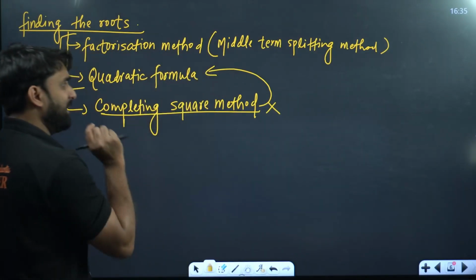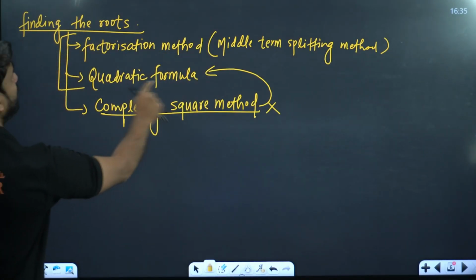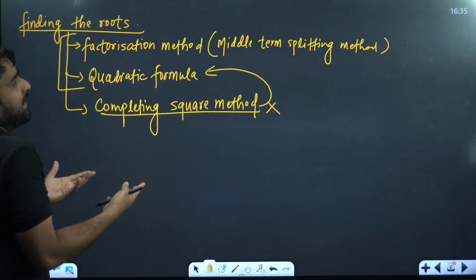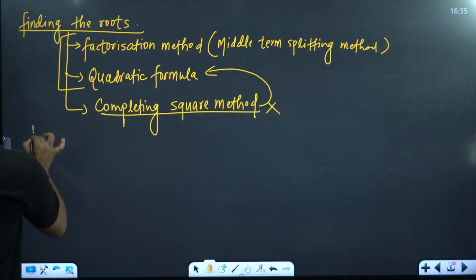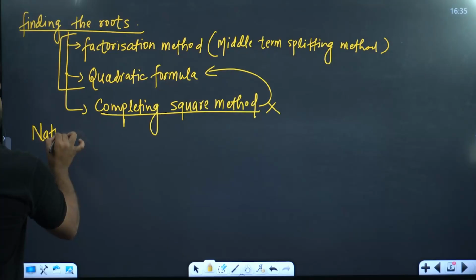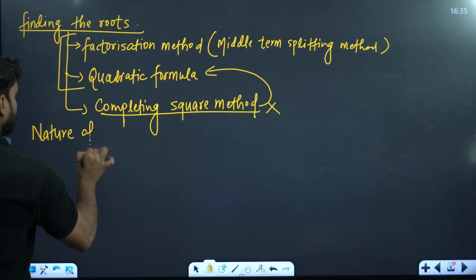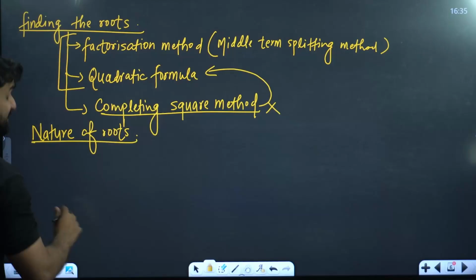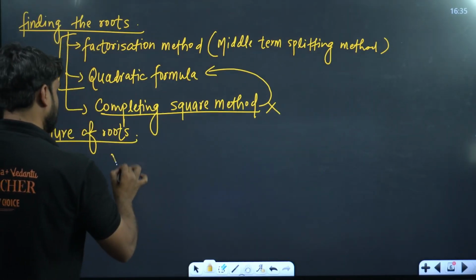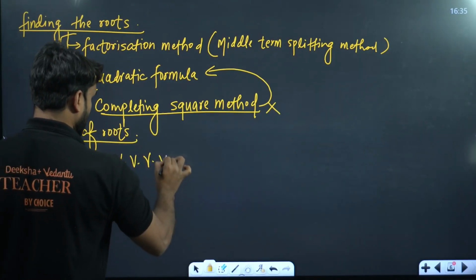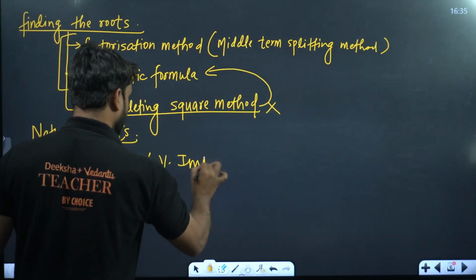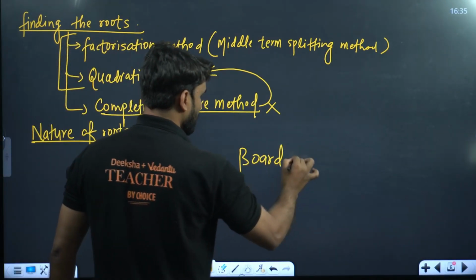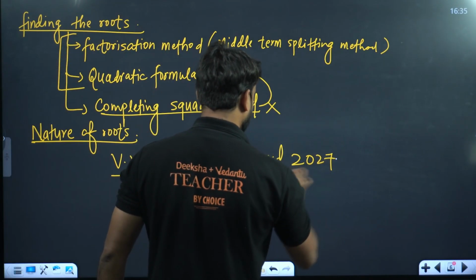Now, my dear champions, before I give you the quadratic formula, we have to study the most important thing here: nature of roots. Nature of roots is very important. I can say this is very, very, very important for your board exam, board 2027.